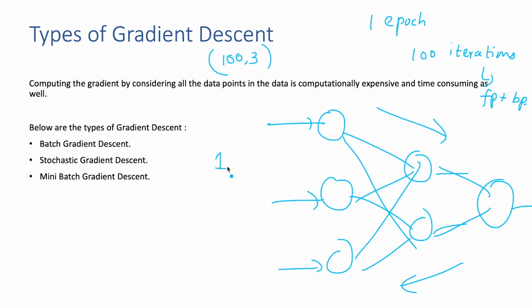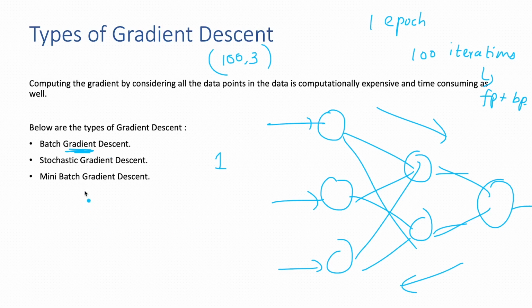So the weight and bias updates are very noisy, right? Whereas in batch gradient descent, the weight and bias updates are not that noisy, since you are considering all of these data points in order to compute or average out the gradient. It's pretty smooth. So the weight updates are pretty smooth in case of batch gradient descent.